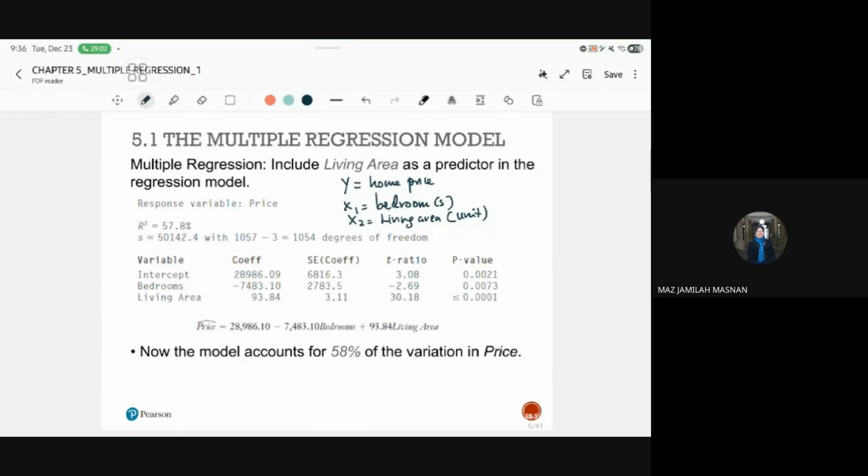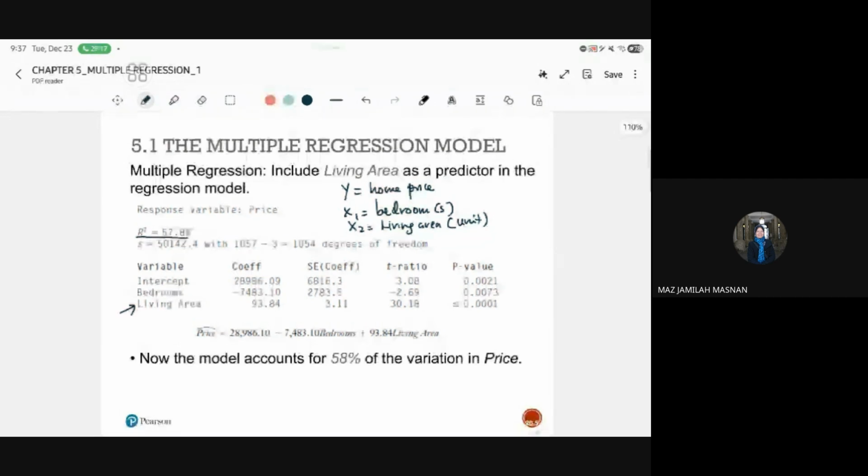In this case, what happened to the R squared? By adding a new variable, the living area, the coefficient of determination increases to 57.8%.